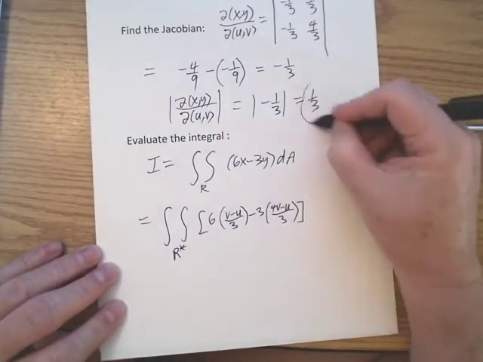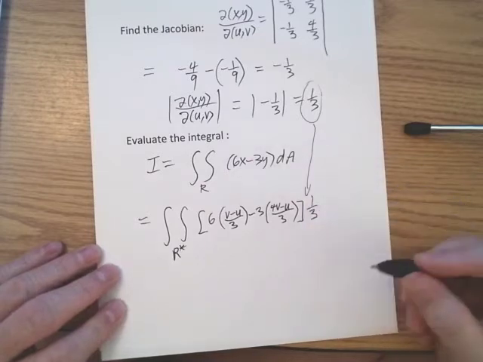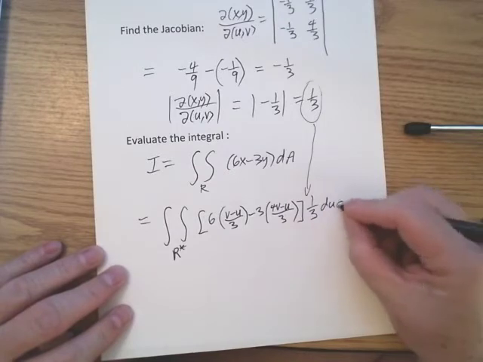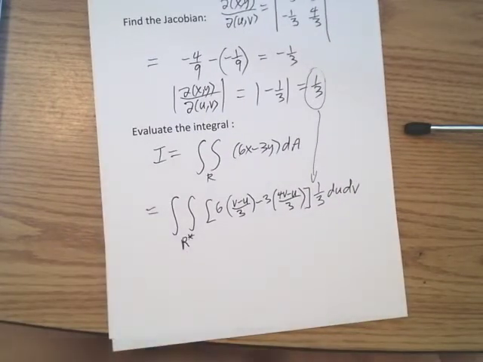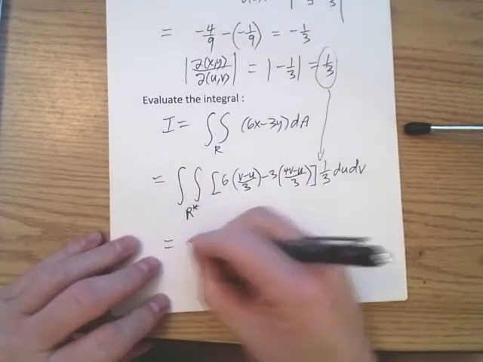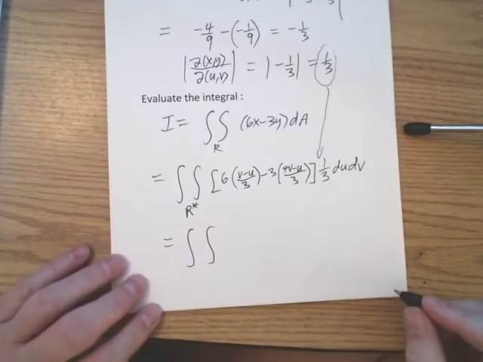And don't forget we need to have this guy in there, 1/3, du dv. It's not going to matter, right? Remember, R star is a rectangle, so the order is not going to matter. It's going to be as easy one direction as the other. So let's go ahead and do that.